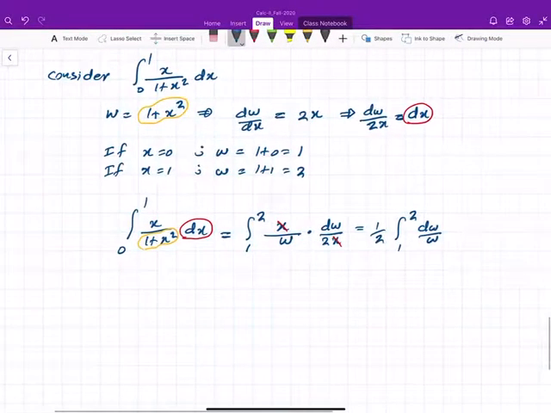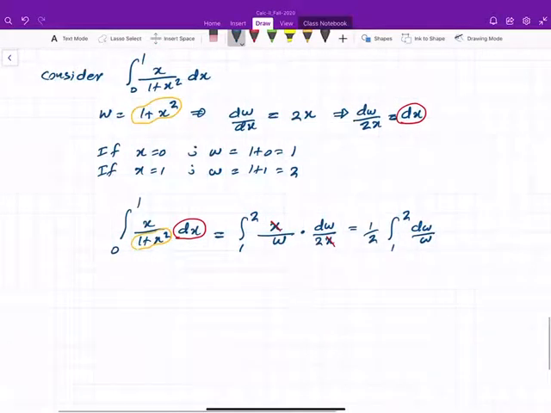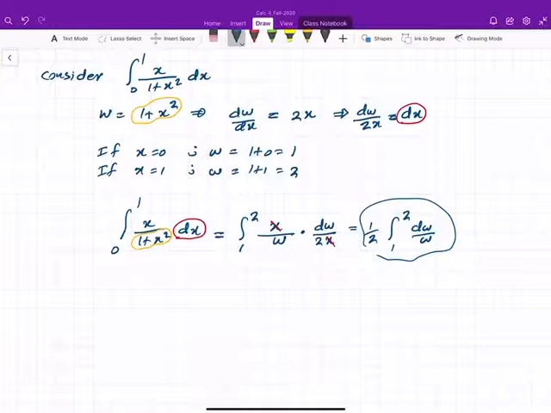And then it's a simple integration. Now it's a simple integration, right? The integration of this one should be, that is 1 over w with respect to w, that is ln w. So this equals half ln w.